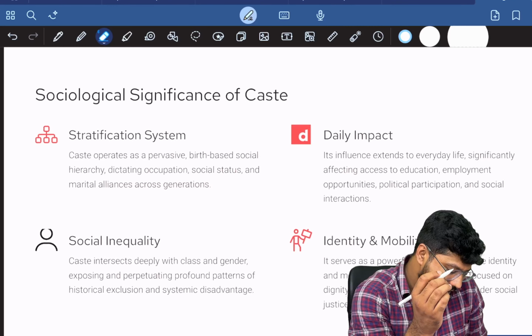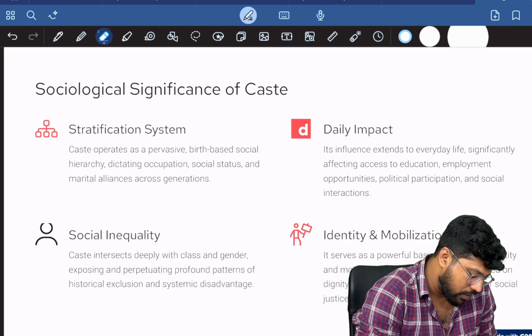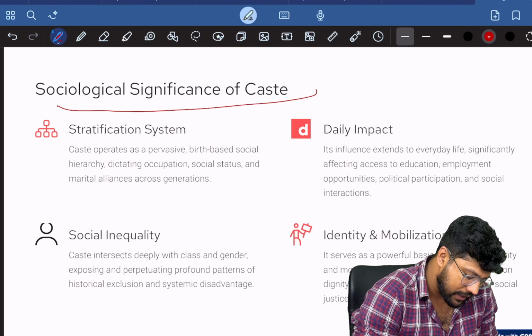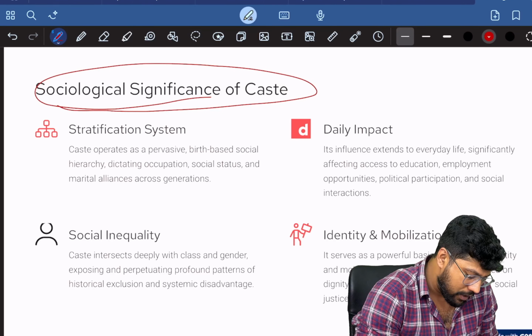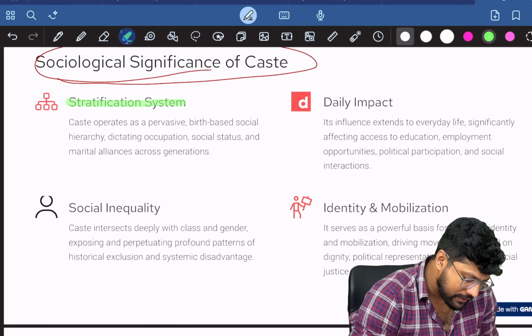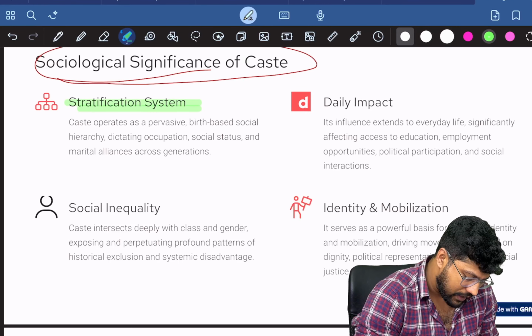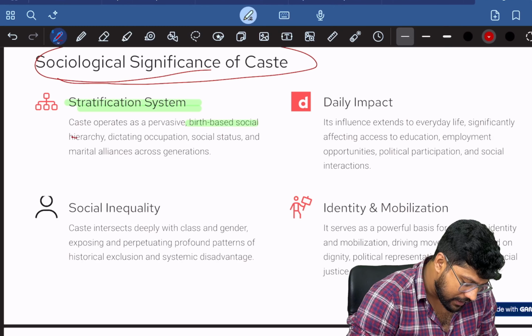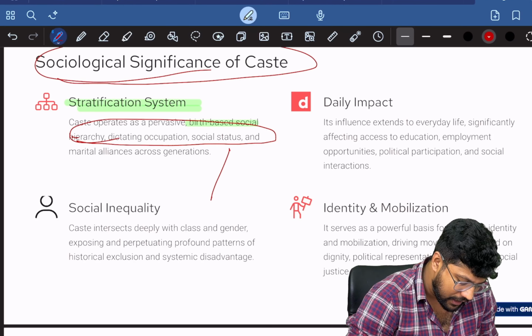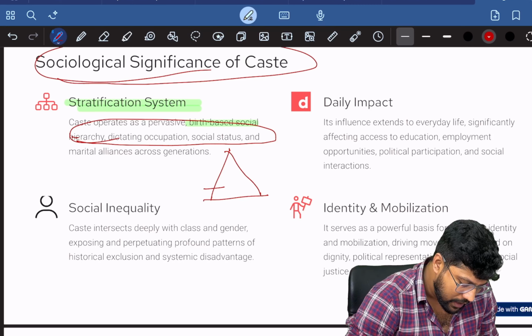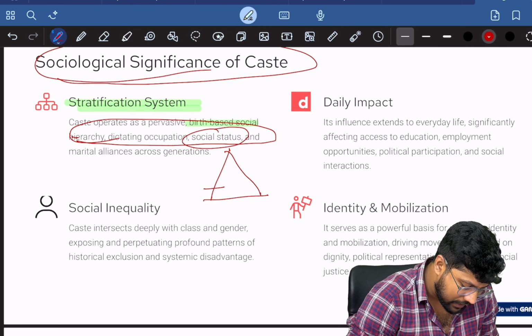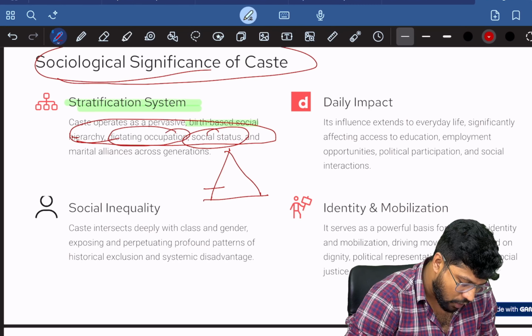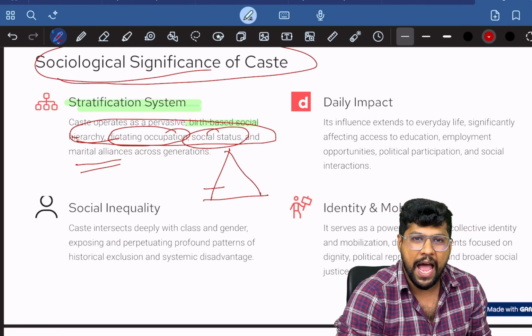So what is the significance of caste? Before we discuss the caste census, let us understand the significance of caste in Indian society. One important aspect is that caste is an important stratification system in Indian society. As you know, caste is a hierarchical and birth-based identification, right? Caste identity in India is also linked with your social status, your educational aspects, your opportunities, and even your marital alliance.